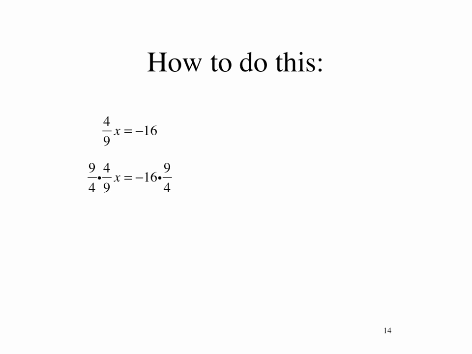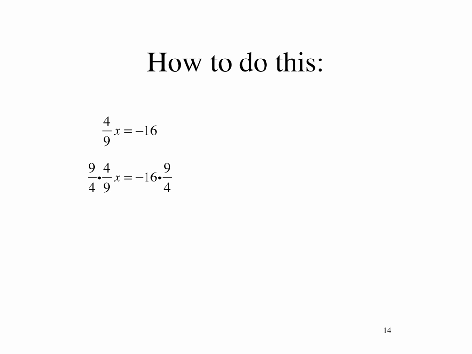Let's see what this multiplying by the multiplicative inverse actually looks like in practice. So here's the problem from the previous slide. 4/9 x equals negative 16. I'm going to multiply both sides of this by the reciprocal, that is the multiplicative inverse of 4/9. So I'm going to multiply both sides of the equation by 9/4.